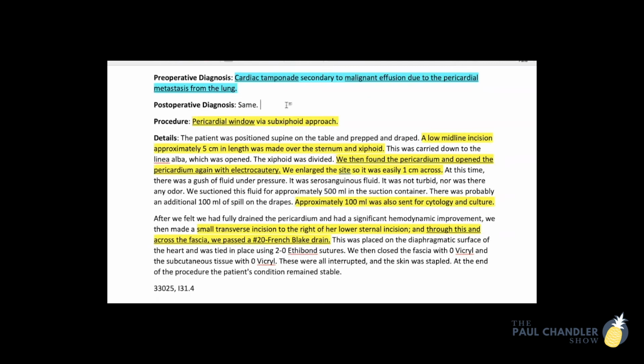And then we also have the malignant effusion. So the table of neoplasms, let's start with that first. Let's see, neoplasm, and then it's in the heart.